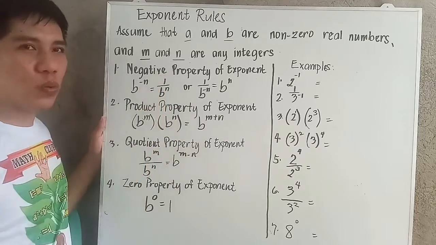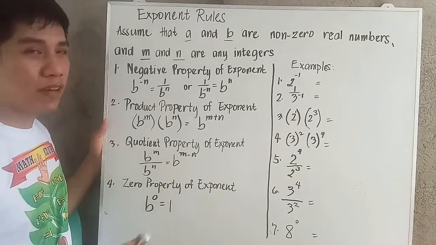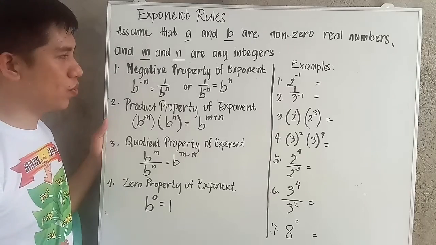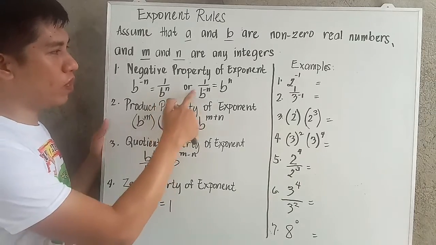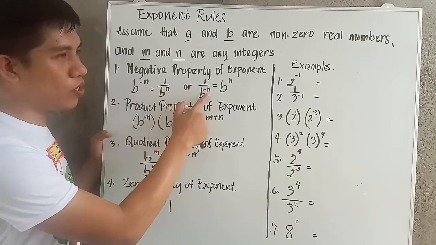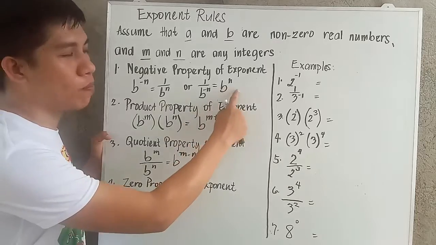We have the numerator 1 over b raised to the power of n. That would be the rule. Or 1 over b raised to the power of -n would also equal b raised to the power of n.